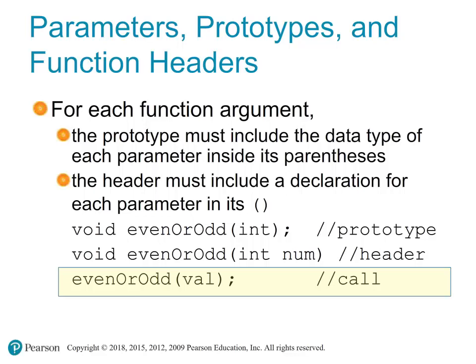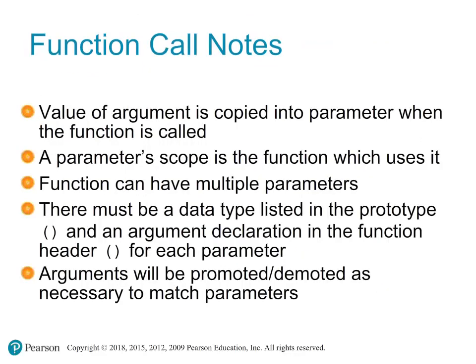The function call is also ended with a semicolon. When a function is called, the value of the argument is copied into its corresponding parameter. A parameter's scope is limited to the function in which it is declared. It doesn't exist outside that function.